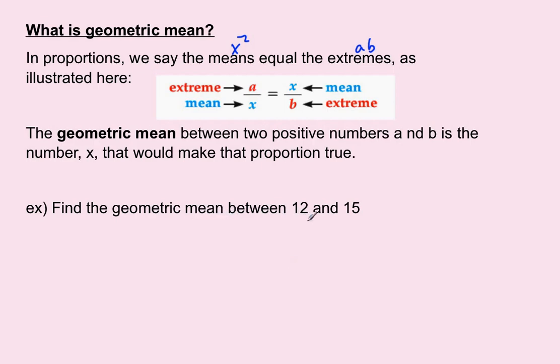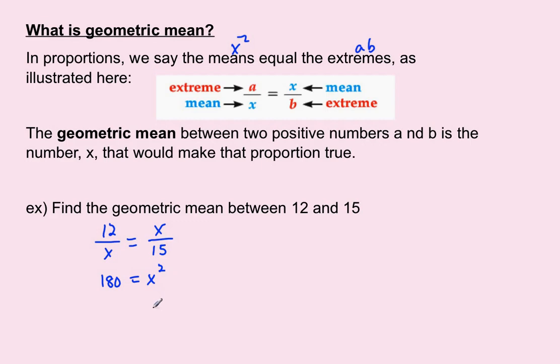So if I want to know the geometric mean between 12 and 15, all I need to do is take 12 and 15 and put them in the place of A and B. So 12 over some number, which is the geometric mean, has to be equivalent to whatever that number is over 15. And to solve this, all we have to do is cross multiply. 12 times 15 gives us 180 equals x squared.